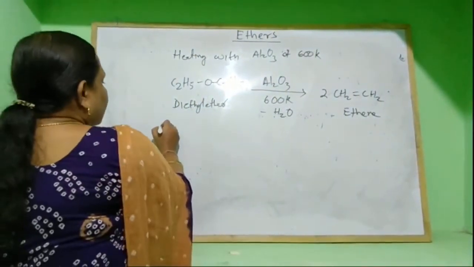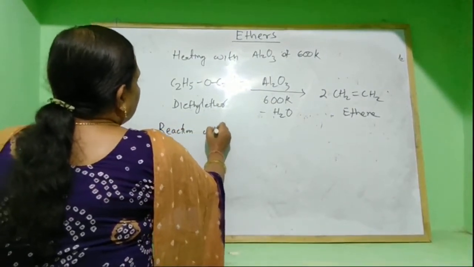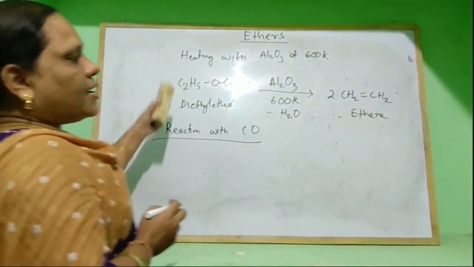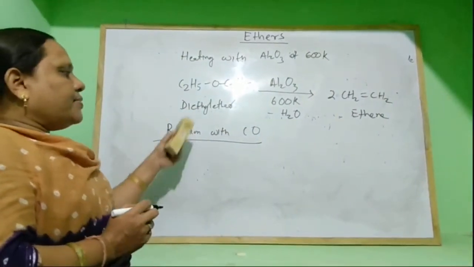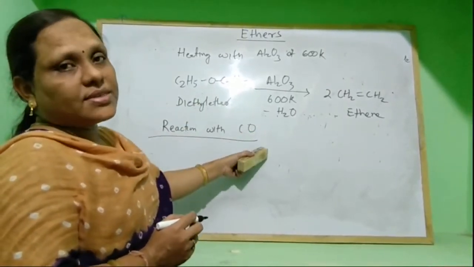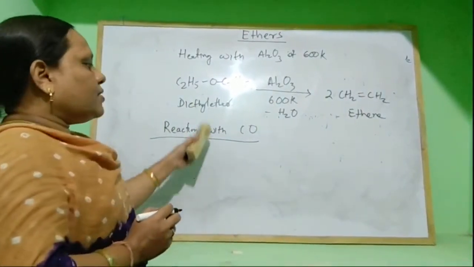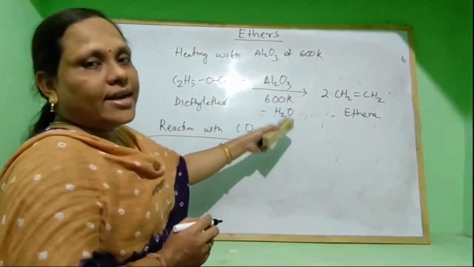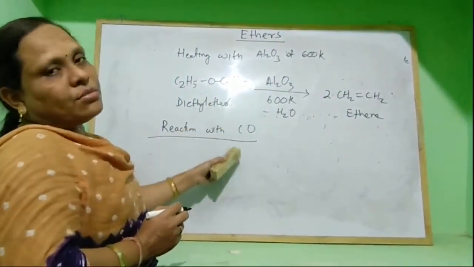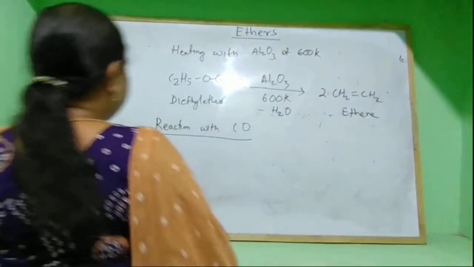Next, reaction with carbon monoxide. When an ether is treated with carbon monoxide at high temperature and high pressure, insertion of carbon monoxide takes place and it forms an ester.